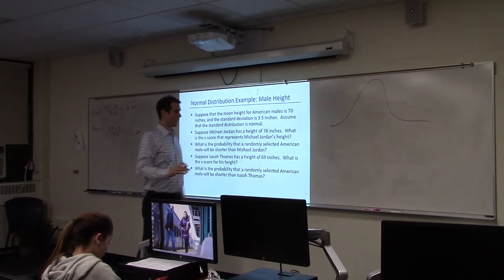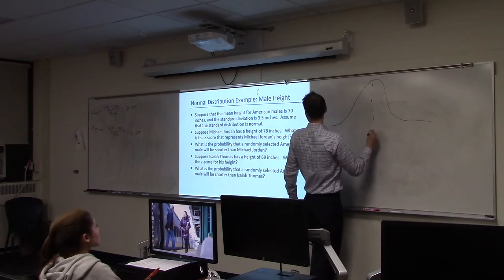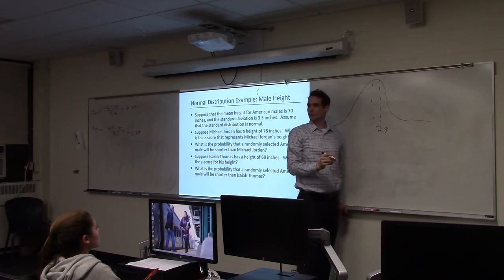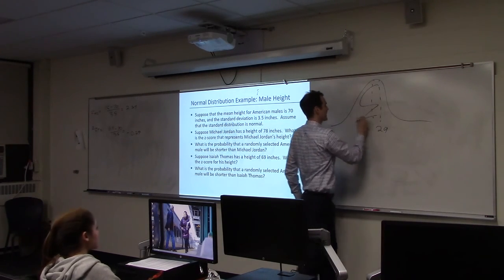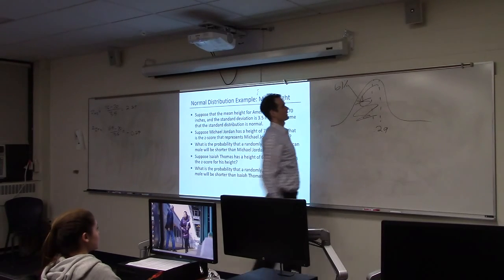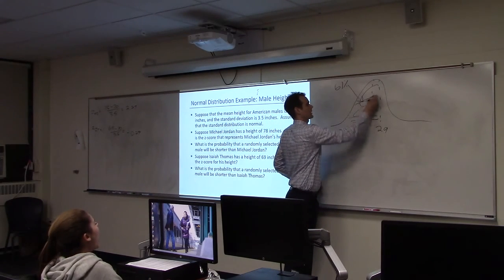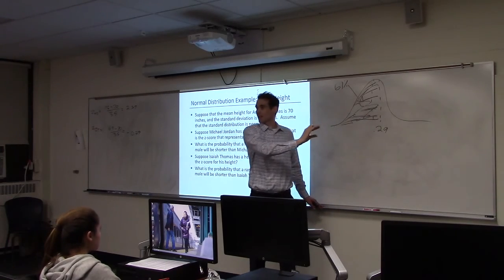What 0.29 is giving you is 61%. Thankfully, we know that the normal distribution is symmetrical, and it's identical on the positive and negative side.